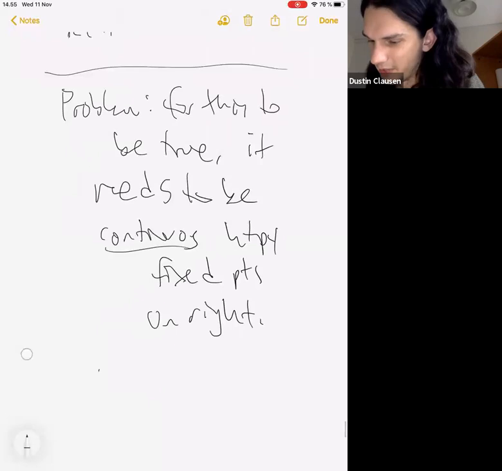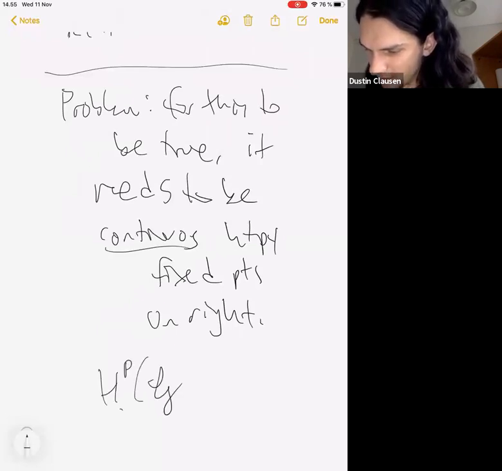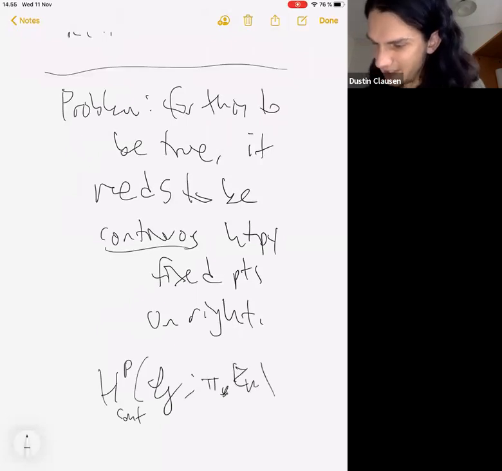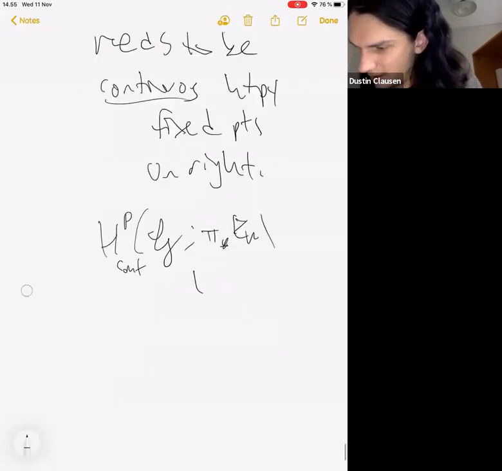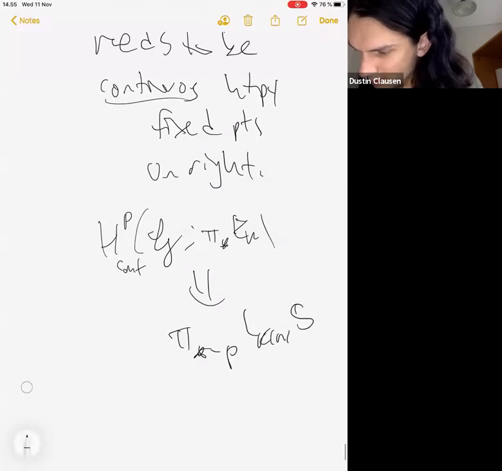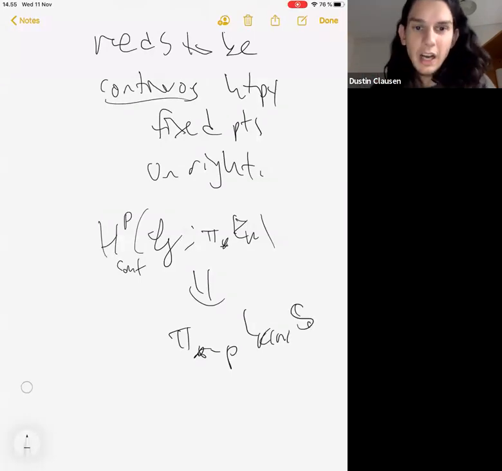So the thing where you had to have a spectral sequence with the continuous cohomology of the group acting on the coefficient ring of Morava E-theory, converging to pi star of the K(n)-local sphere.